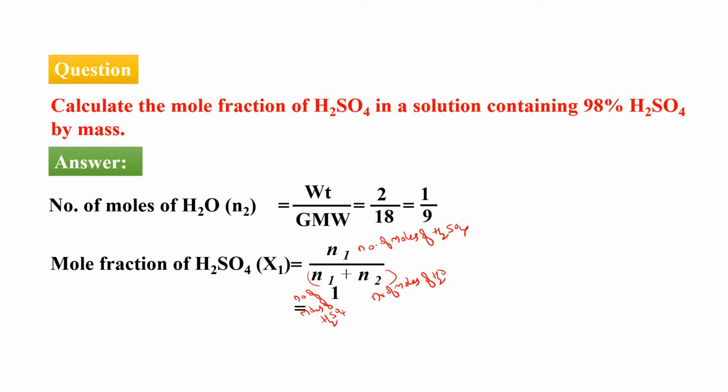Now substitute the number of moles of H2SO4, we got 1, and again 1 plus 1 by 9. If you substitute this, we are going to get 0.9. So the mole fraction of H2SO4 will be 0.9.